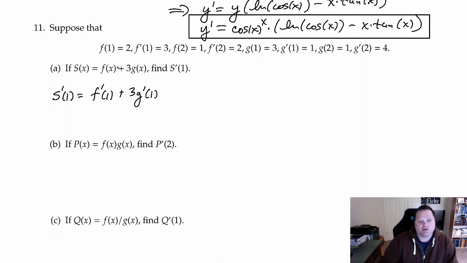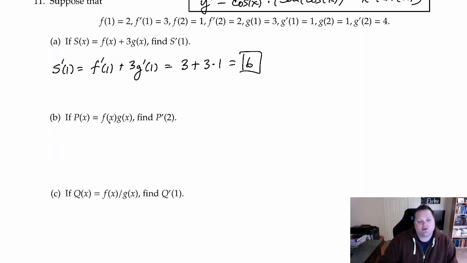Remember, if you differentiate s, then you differentiate both of these as well, so it distributes to both. And we're going to evaluate both at 1. And then according to the information given, f prime at 1 is 3, g prime at 1 is 1, so this is 6.